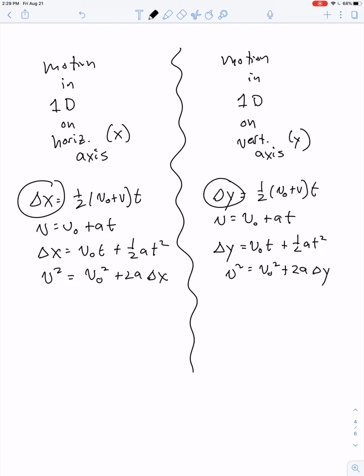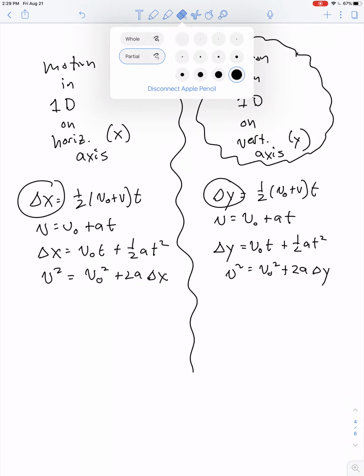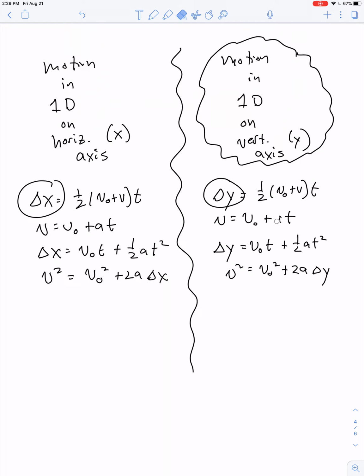But they're the same equations, of course. In our study of one-dimensional motion on a vertical axis, we're going to limit our study to motion that's a result of the influence of gravity, or free fall. So we can erase the symbol a wherever an equation has acceleration built into it.